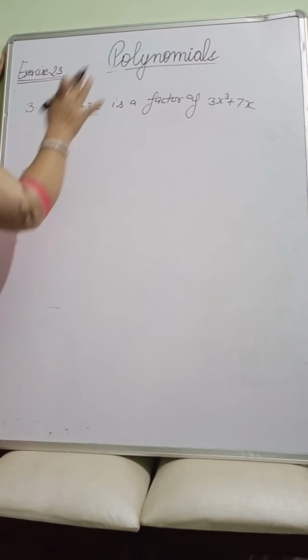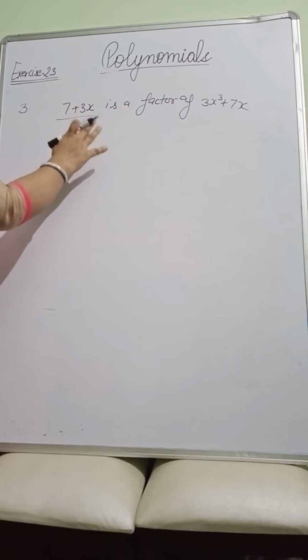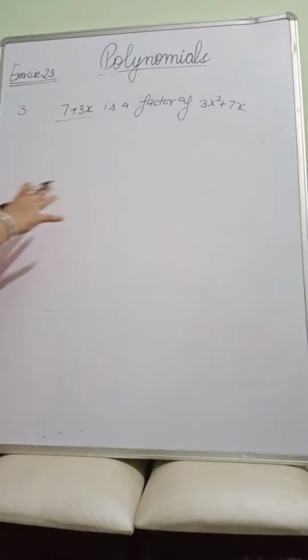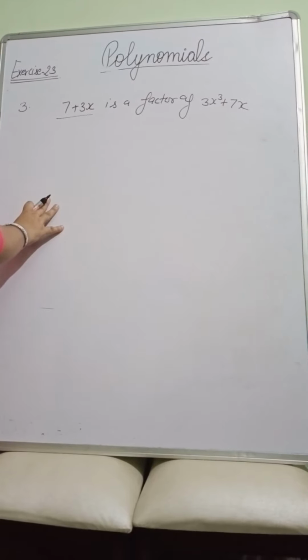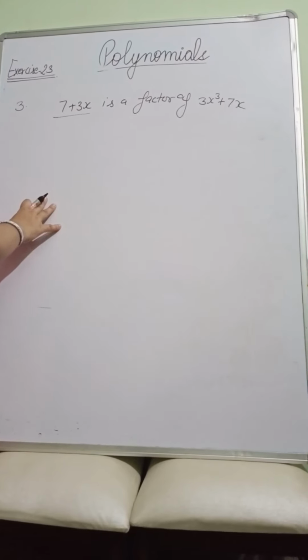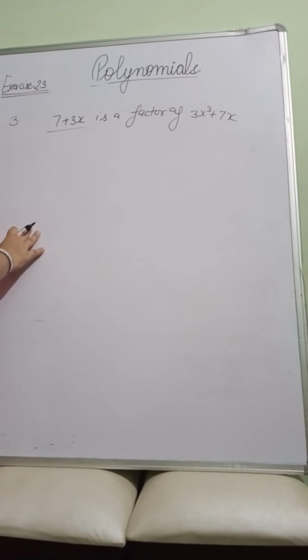First of all, we will divide this polynomial by this polynomial. If we are getting remainder equals 0, then we will say this is a factor of the given polynomial. And if remainder is not equal to 0, then we will say this is not a factor. So both methods you can apply here.